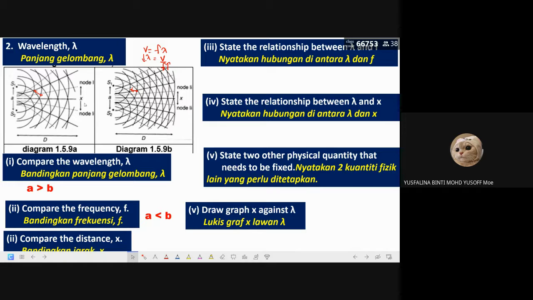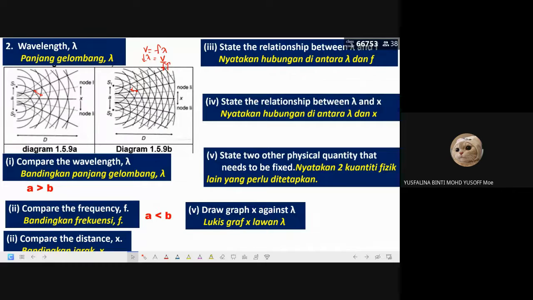So you can see the difference here is the lambda, the wavelength. You use the formula v = fλ, λ = v/f. So if I increase the lambda, the frequency will decrease. So you just compare which one has the shorter wavelength.